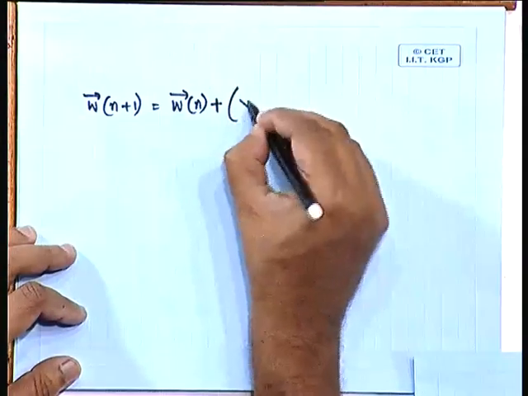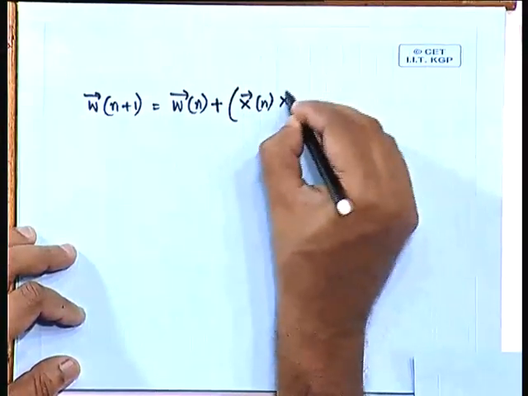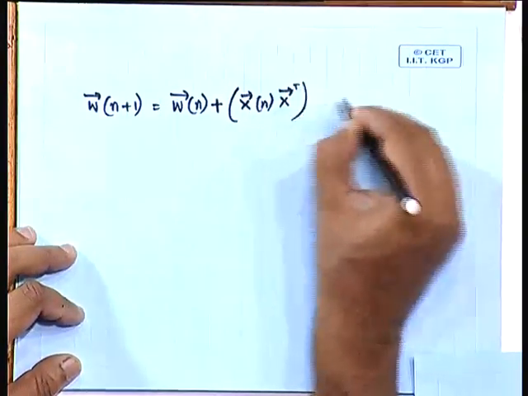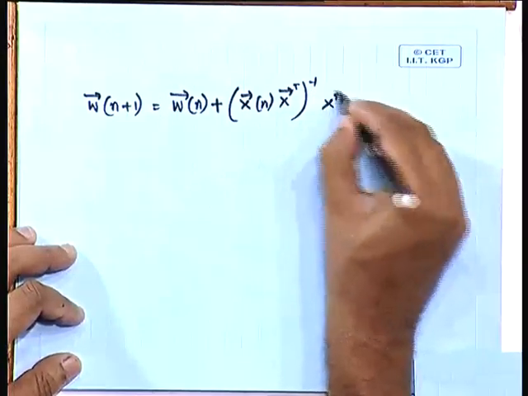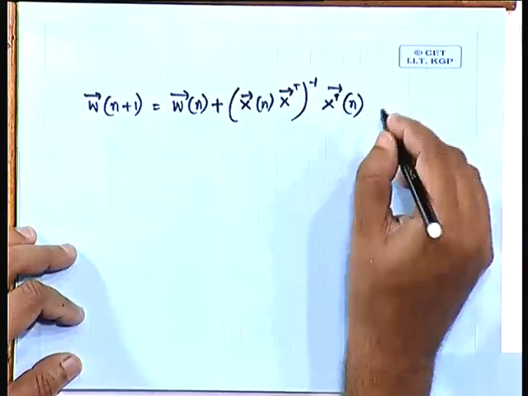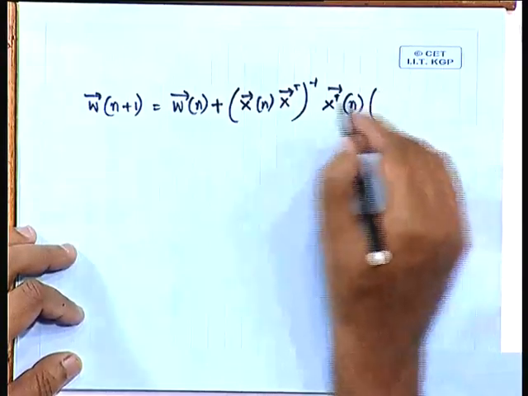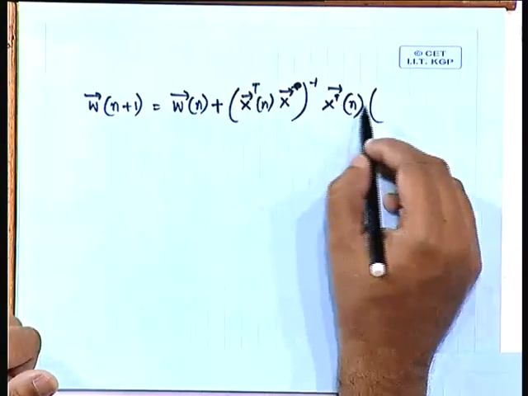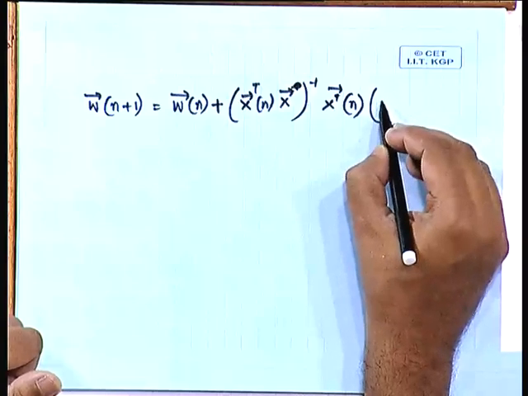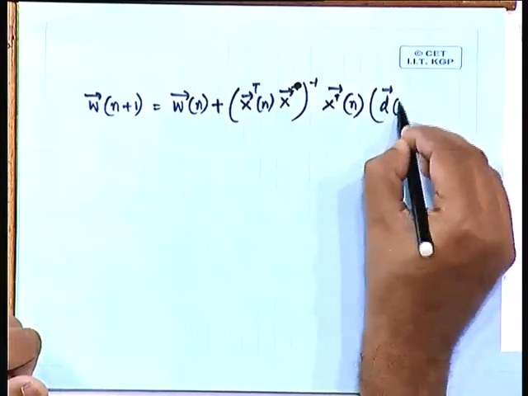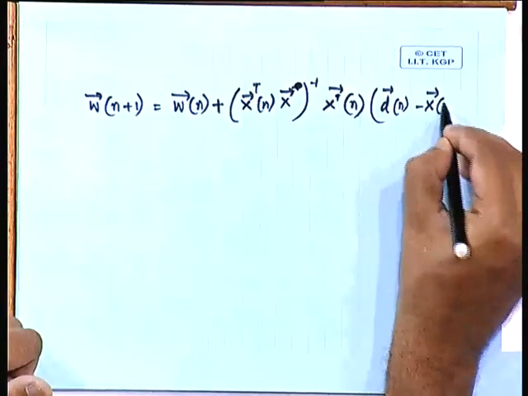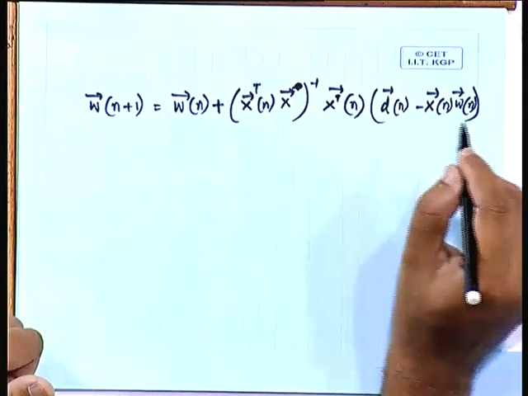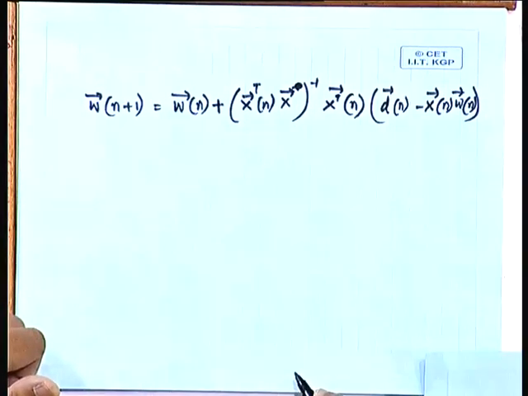So this will be X X transpose inverse of that, X transpose n, multiplied by, now this will be X transpose X, inverse X transpose n, and here instead of E n I am writing d n minus X n W n, right. So this is what we are getting.